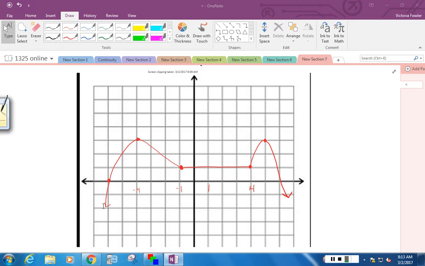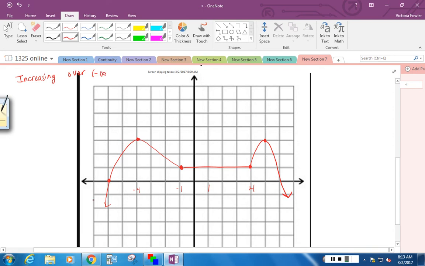And so as I trace my graph from left to right, I am clearly increasing. We're talking about the x values from negative infinity all the way to -4. So we can start talking about the intervals of increasing and decreasing. So I'll say it's increasing over the intervals. Remember, these are intervals of the domain, from negative infinity, right?